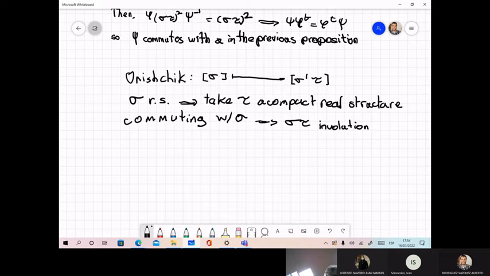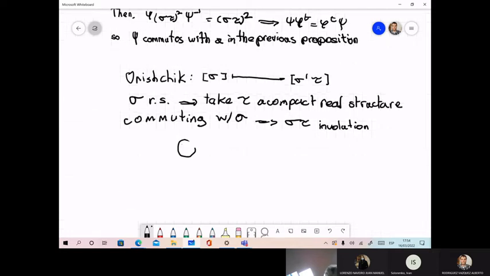And we define this map capital theta from conjugacy classes of real structures by inner automorphisms.